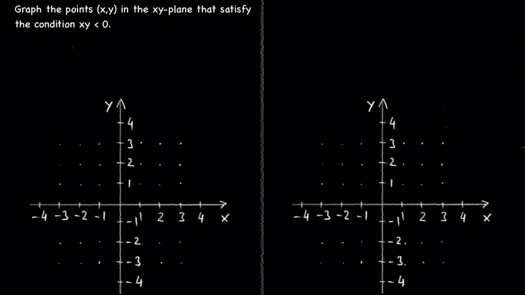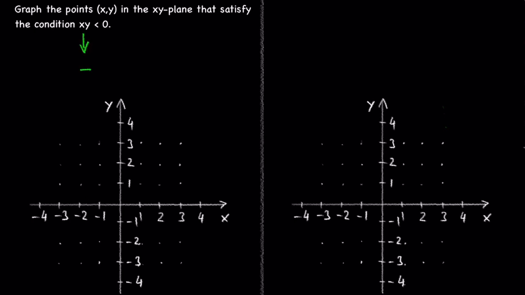than 0. Do you have an idea how to solve this problem? Feel free to pause the video and think about it. We have to ask the question, when is the product of x and y less than 0? In other words, when is the product of x and y negative?